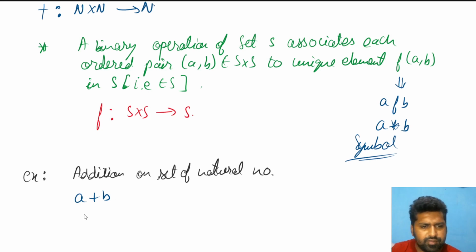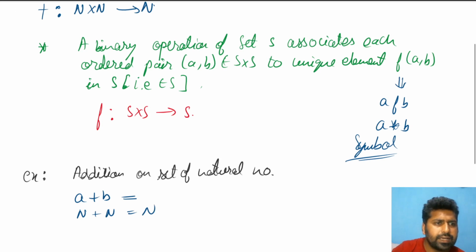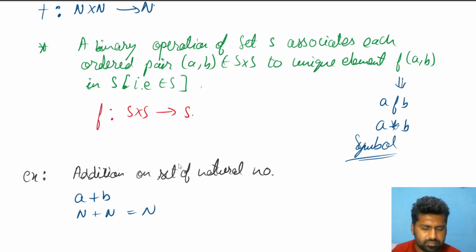If we add a natural number to a natural number, the result is also a natural number. If you add any two natural numbers, the result is also a natural number, and of course it will be unique: 2 plus 1 will be 3. It will not be different, that's fixed. So a comma b has a unique value. You cannot have 2 plus 2 as 3.